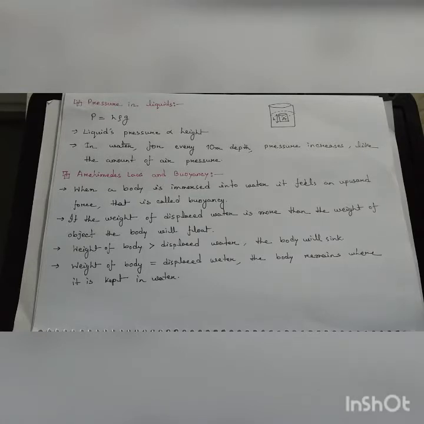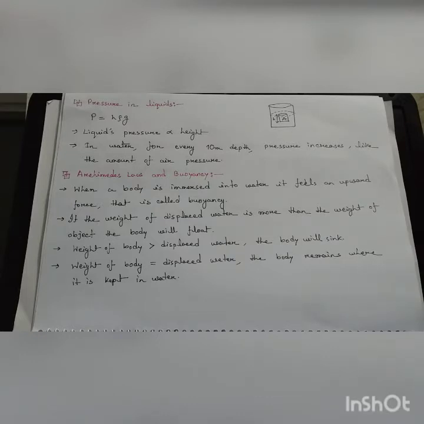For the pressure of liquid, there is a law given by Archimedes, called Archimedes' Law, and a term related to this law is buoyancy. So at first we want to know about buoyancy. You already know about it. What is buoyancy?